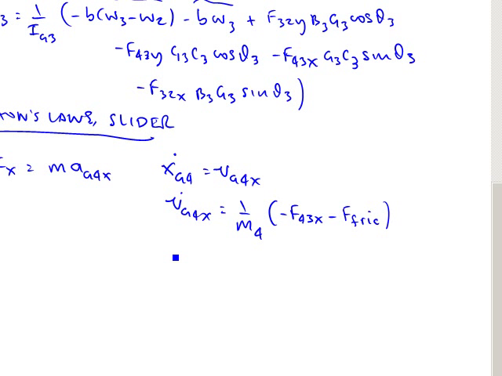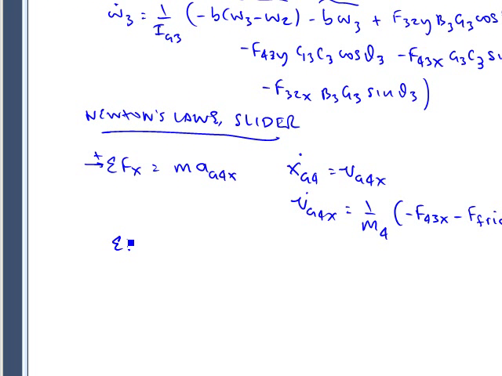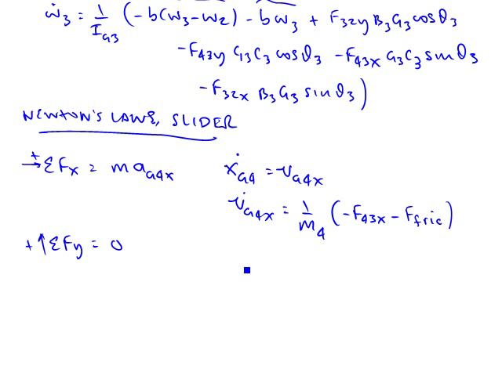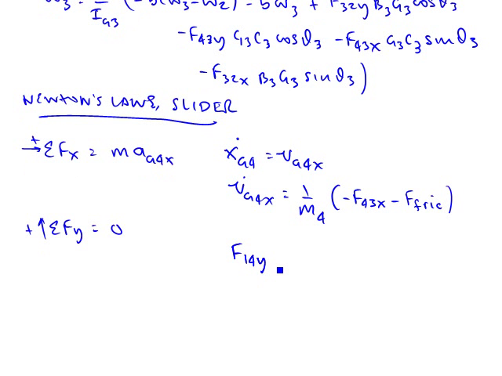So for the y dynamics, because we're not allowing our block to accelerate, the sum of the forces in the y direction is going to be 0. So we don't get any more differential equations here. We're going to get an algebraic relation for F14y. That's the critical normal force that we use for our friction.